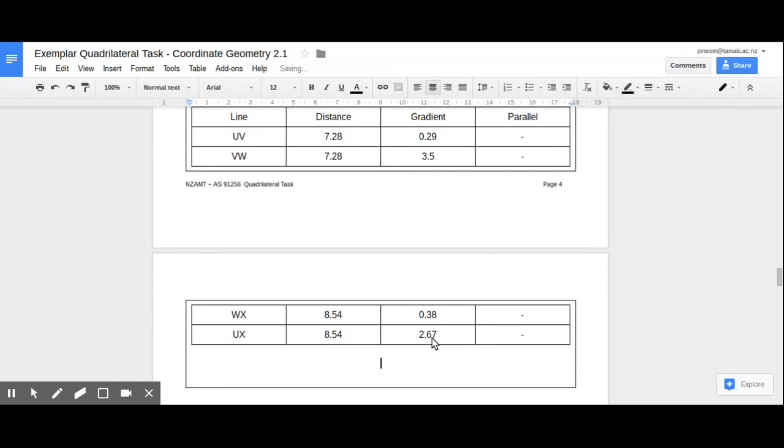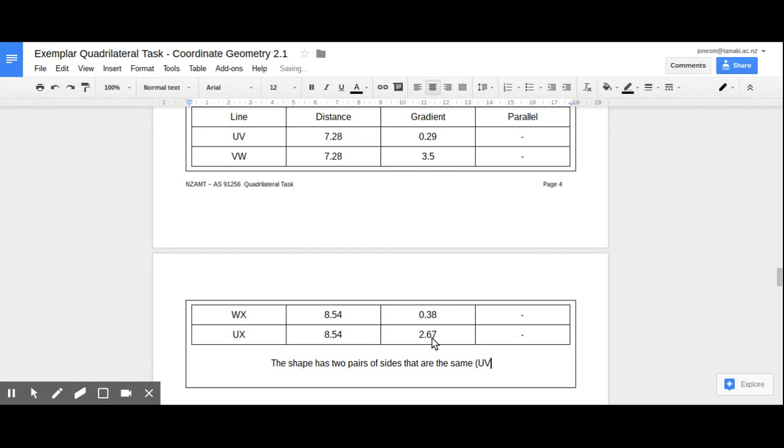Okay, so now we're going to write a little conclusion here. And that conclusion is that the shape has two pairs of sides that are the same.